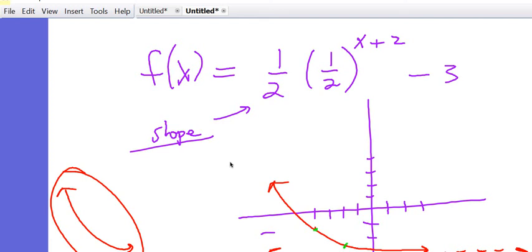What do I get when I plug in -2? 1/2 to the 0 is 1, because any number to the 0 is 1, right? 1 times 1/2 is what? 0.5, right? 0.5 minus 3 is what? -2.5. Isn't that where this point is? -2, -2.5? They work.